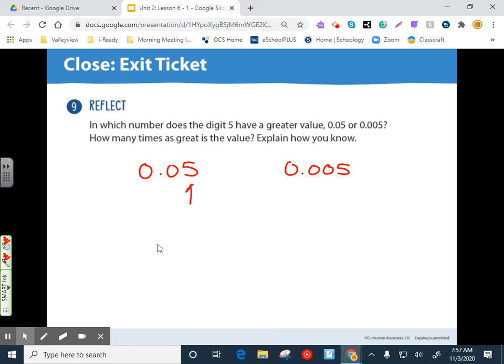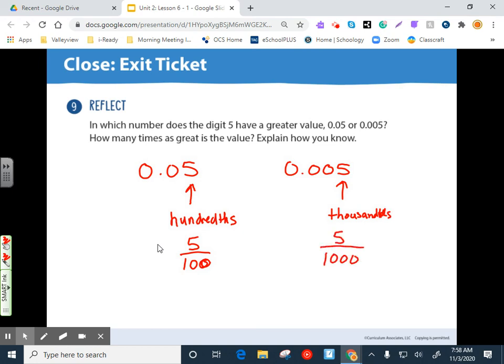Well, this is hundredths, so this is 5 hundredths. And yes, we can reduce that, but we're not going to talk about that just yet. This is thousandths, our thousandths place, and that's 5 over 1,000.